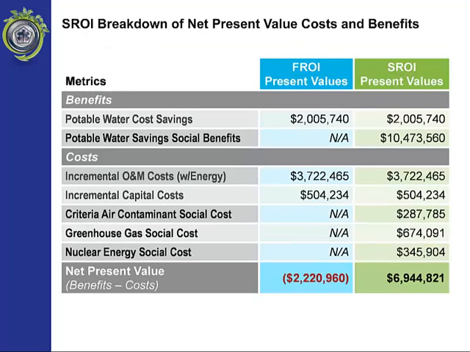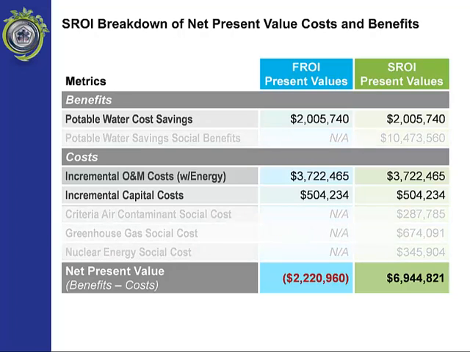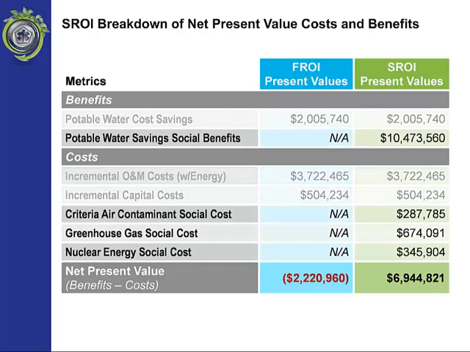This table identifies how the net present value figures on the previous table were derived for the on-site wastewater treatment plant. The FROI results only include potable water cost savings, incremental O&M costs, and incremental capital costs, whereas the SROI results include those costs plus the societal impacts by accounting for potable water savings, social benefits, criteria air contaminant social cost, greenhouse gas social cost, and nuclear energy social cost.